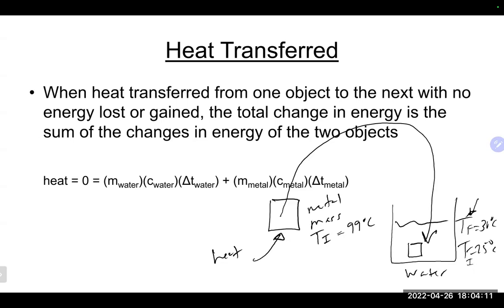So by doing a simple process like this, we also will know the final temperature of our metal, which would be 30 degrees since it's sitting in that water. Since we can assume that all the heat transferred to that water came from the metal, we can use the water to figure out how much heat was absorbed by the water, which would also tell us how much heat was lost by the metal.